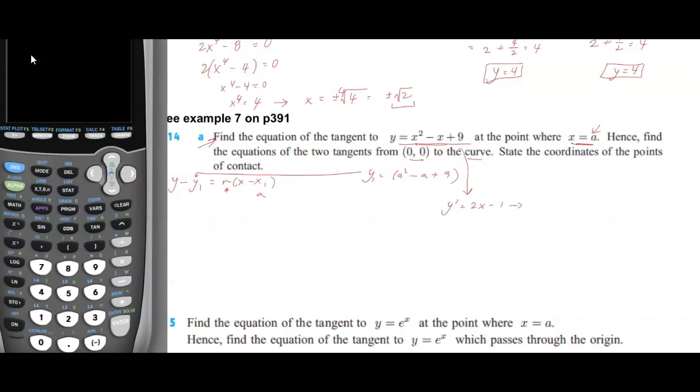If we put a into it, it's going to be 2a minus 1. So our m value is going to be 2a minus 1. All right, let's plug in the y1 now. y minus (a squared minus a plus 9) equals (2a minus 1) times (x minus a). All right.